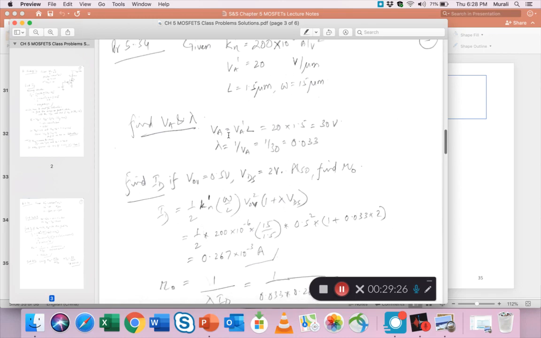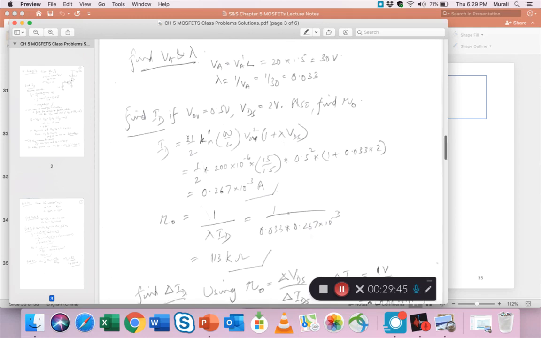First and foremost, we have to find lambda. To find lambda, we need to find this VA. To find this VA, we have to use VA prime times L. This value is given. VA comes out to be 30, and lambda comes out to be 0.033. Why do we need lambda?